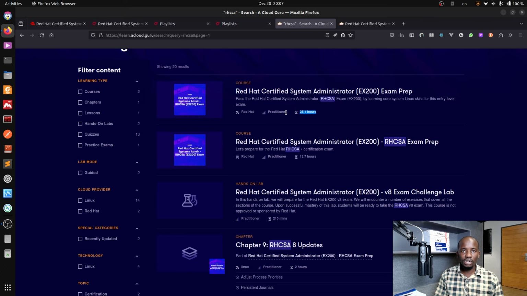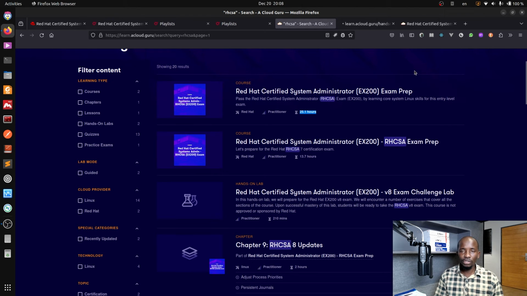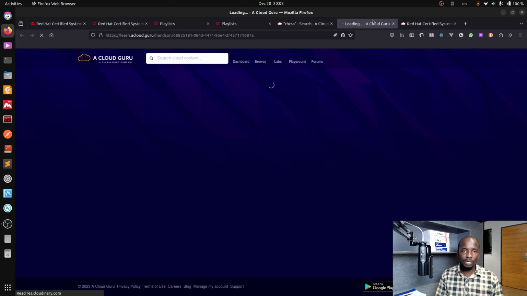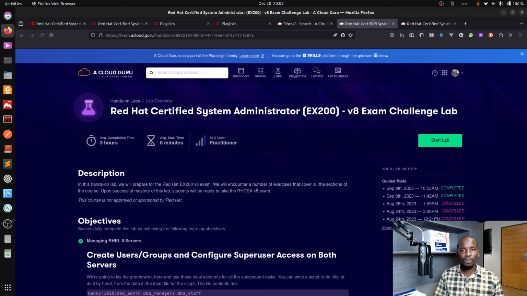Also, other content which was very interesting in my case is the exam challenge lab, which is a 3-hour practice exam you can use to practice for that exam as well. During that practice exam, there were many questions I had to answer, and there was also a section completely related to bash, which was very interesting.